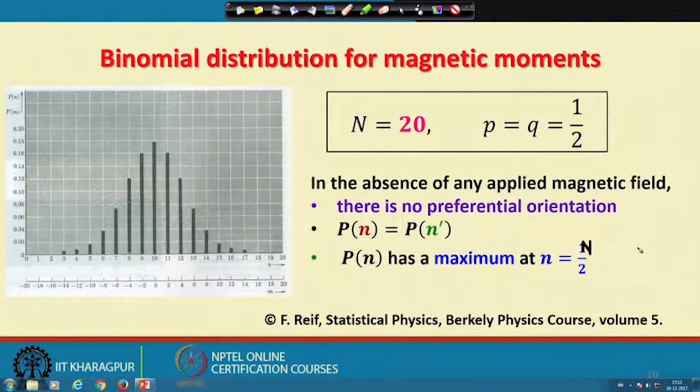We will conclude this lecture by summarizing. We have shown that if there is no external applied field, it is possible to associate a discrete distribution to the number of microstates possible for each value of an observable.